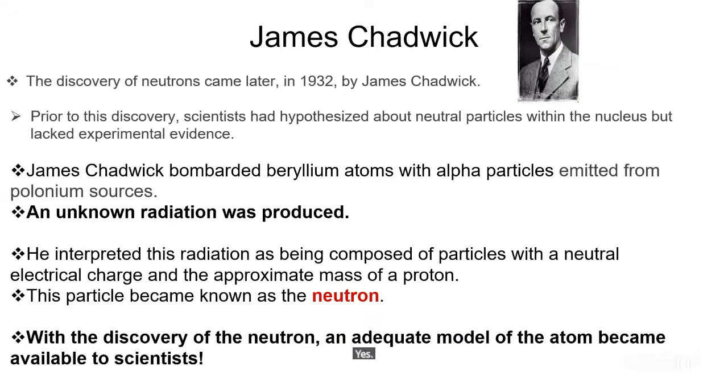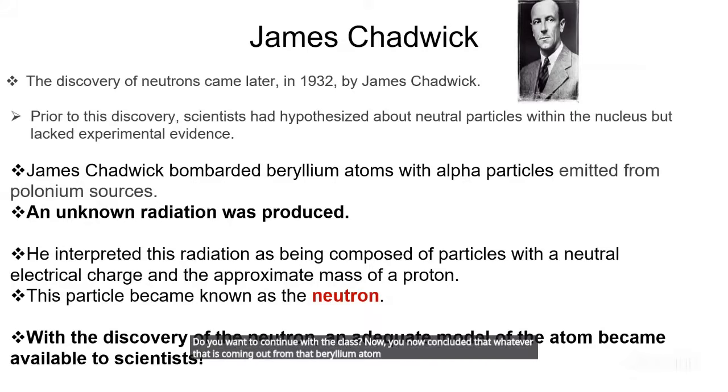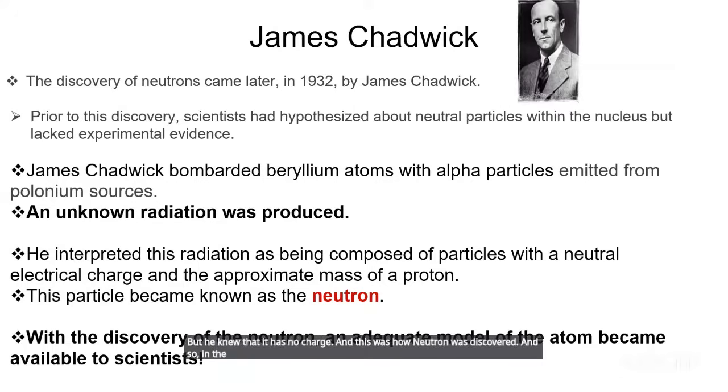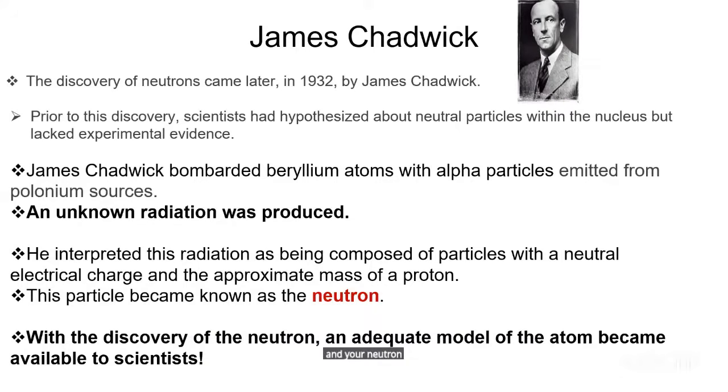Now, you concluded that whatever is coming out from that beryllium atom, when you hit it with an alpha particle, must be about the same size or mass as the proton that is shot out. But he knew that it has no charge. And this was how the neutron was discovered. And so, in the nucleus, you have your proton and your neutron, while the electron revolves around the nucleus.